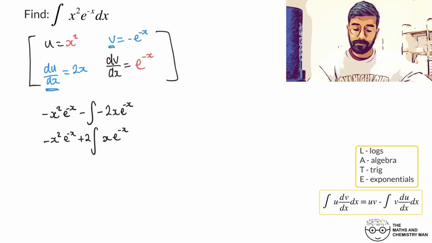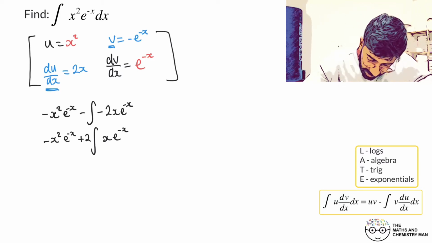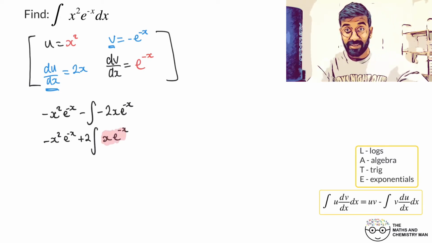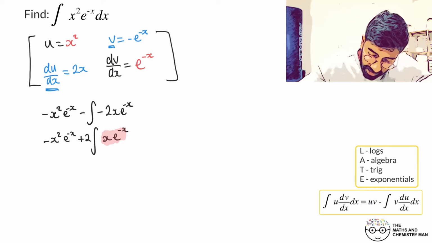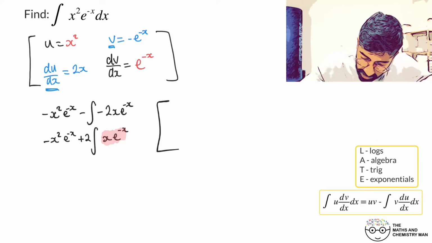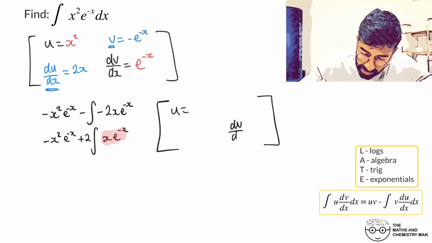So like that. Now, to integrate this in here, we've actually got to do by parts again. Okay, so we'll need to set this all out again on the side. So let's do that now. So we'll have this and this. We'll have u equals something and dv dx equals something.